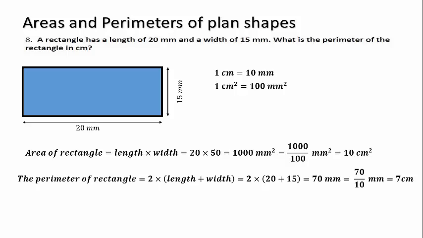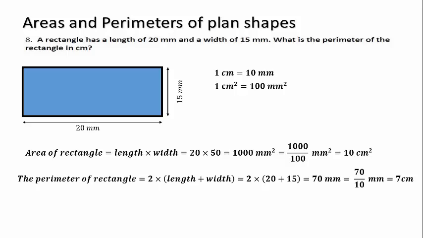So let's remember that the area of a rectangle equals length times width, where the length equals 20 millimeters and the width equals 50 millimeters. 20 times 50 equals 1000 square millimeters. I want to convert 1000 square millimeters to square centimeters.